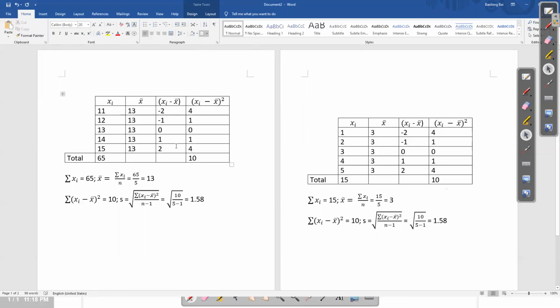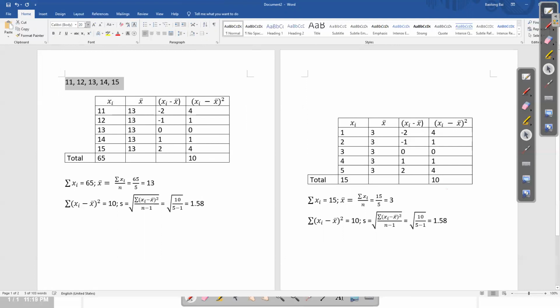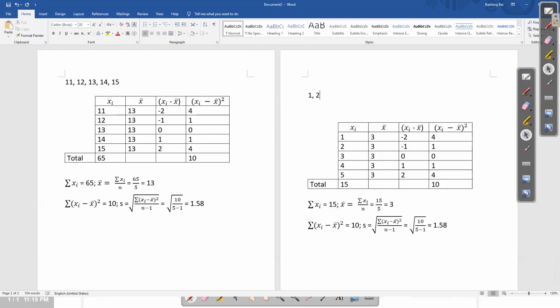So then after that, you can realize, hey, everything else is duplicates, right? So the standard deviation of these 5 numbers, 11, 12, 13, 14, and 15, are the same as the standard deviation of 1, 2, 3, 4, and 5. So does it make sense then?